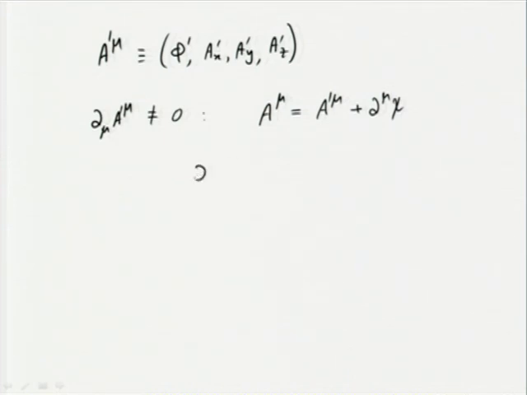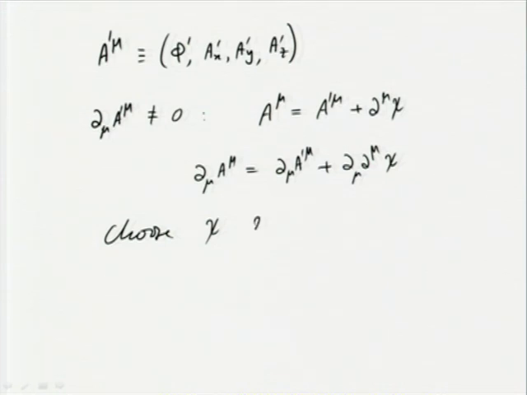Take the derivative of A mu, that is the derivative of A prime mu and dou mu of chi. Now, we can choose chi so that dou mu chi is equal to minus dou mu A prime mu.